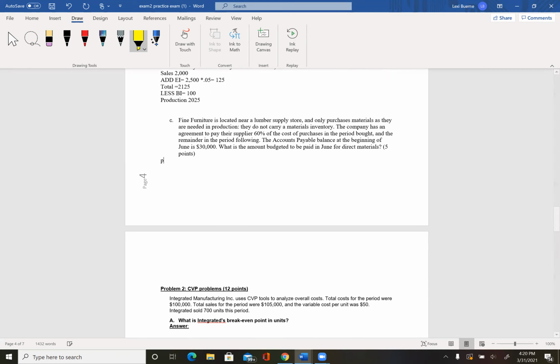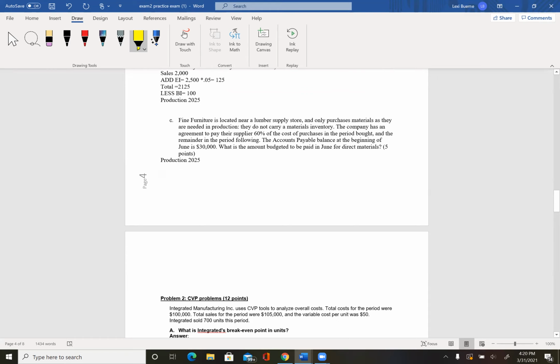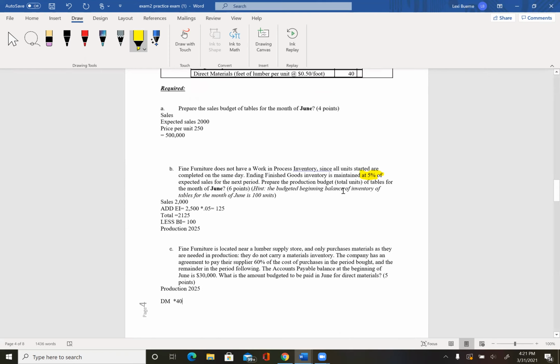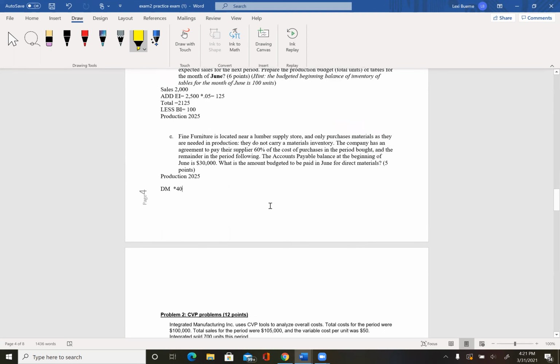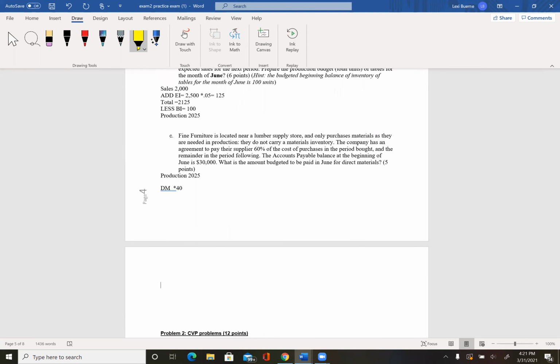For this one, you actually start with the production, which was found in B. That's going to be the 2,025. Then for the direct materials, you're going to multiply that per unit by 40, and that 40 is found right up here. That's going to give you 81,000.